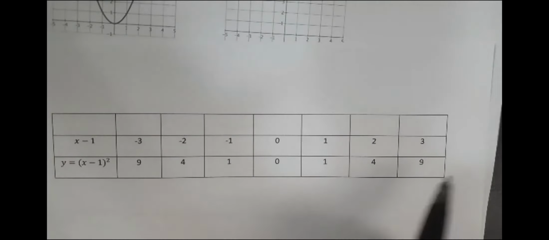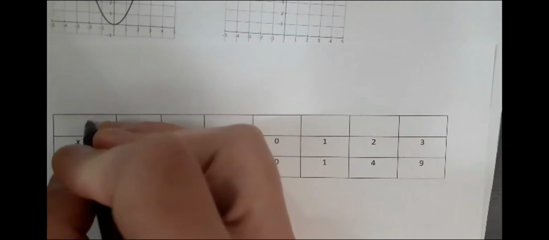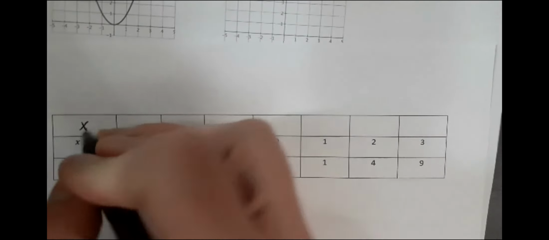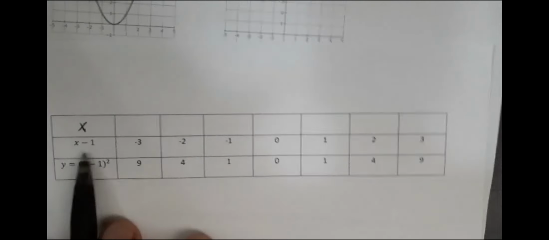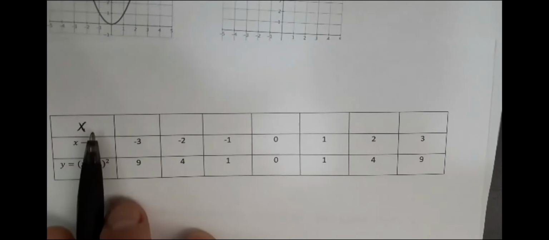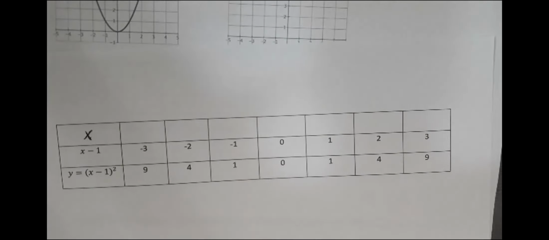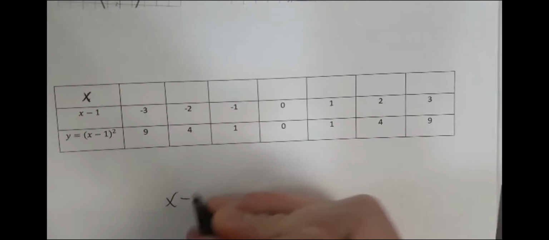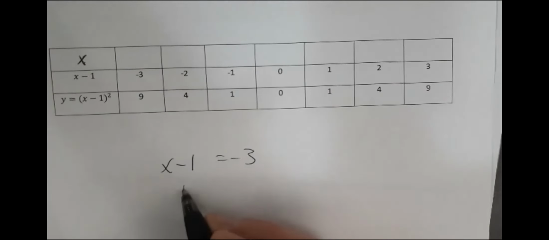So this is our y values, but we don't have our x values. So what's going to happen is we need to find our x values. How do we go from x being subtracted by 1 to just x? If x minus 1 is equal to minus 3, how are we going to get just x?